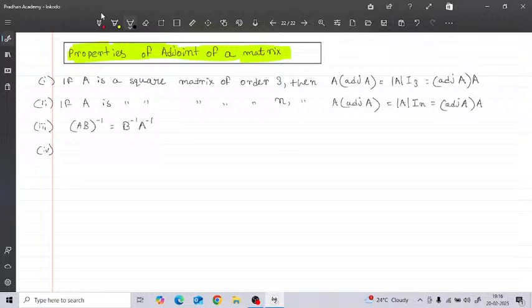Now the fourth property is: if A is invertible, then A transpose is also invertible, and A transpose inverse is equal to A inverse transpose.